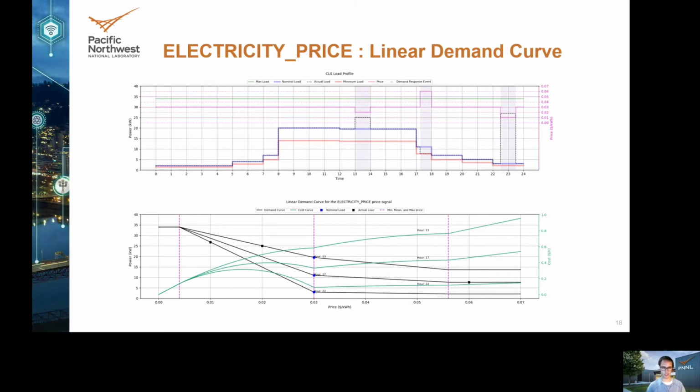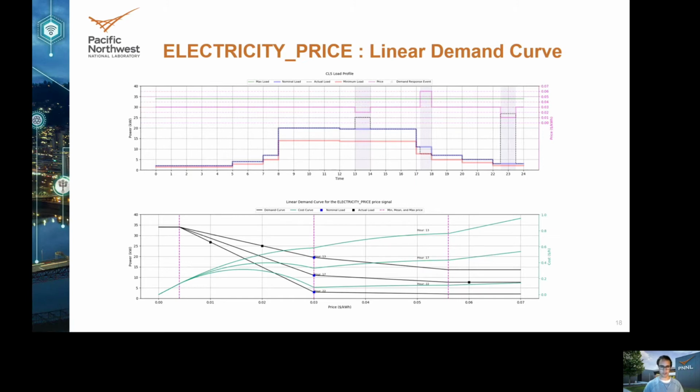The magnitude of this deviation is controlled by the demand curve that is drawn in the bottom subplot. There are multiple demand curves, one for each fixed power level and the time period for which it applies. And it's constructed like the example demand curve by defining inflection points: the max power at the min price, nominal power at the mean price, and the minimum power at the max price. In this case, the mean price is 3 cents.